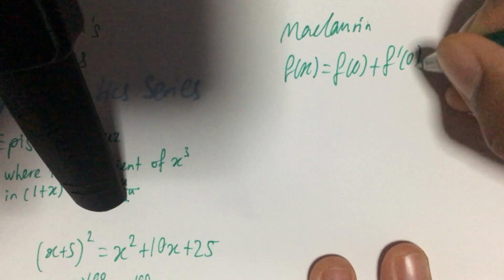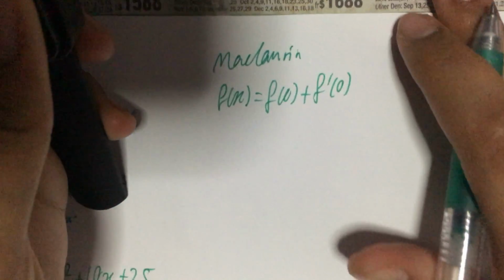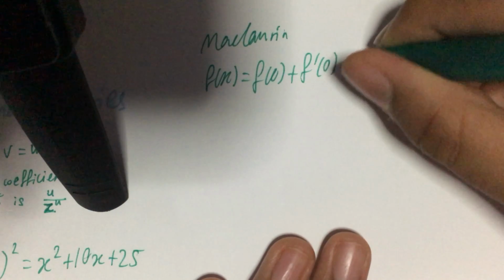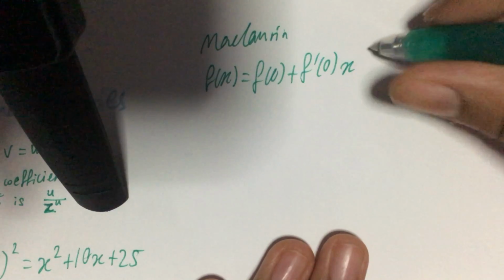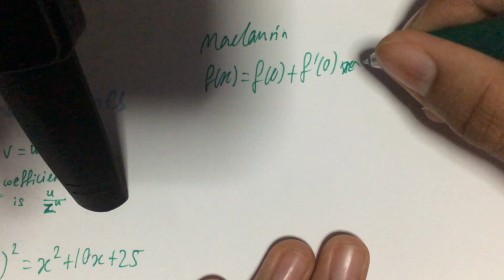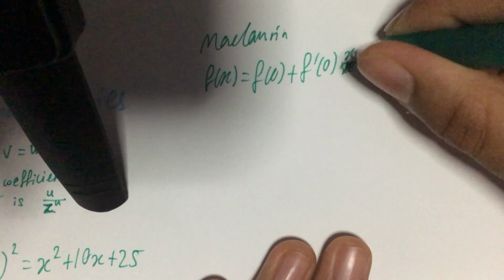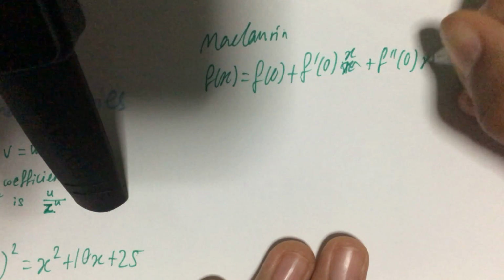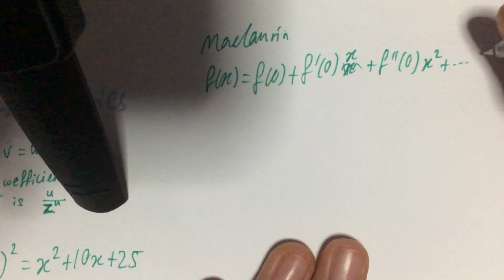The reason this is done in this manner is, let's say you have a curve f(x), and we use 0 here as maybe the starting point. It's the origin, of course.